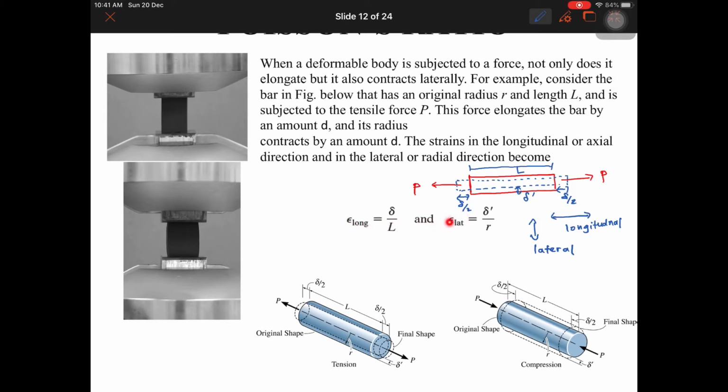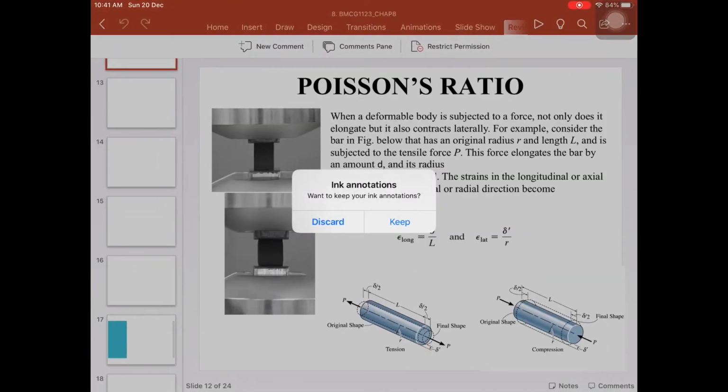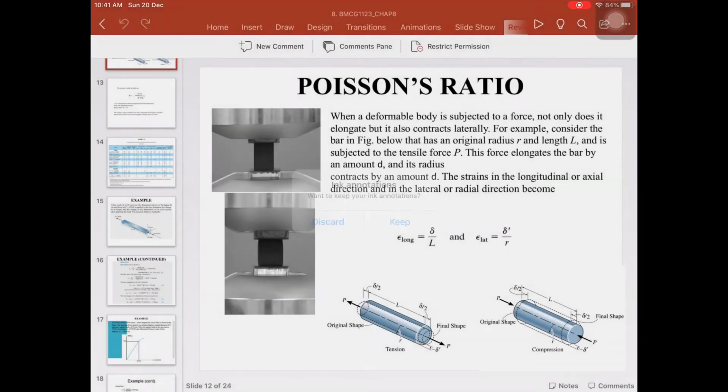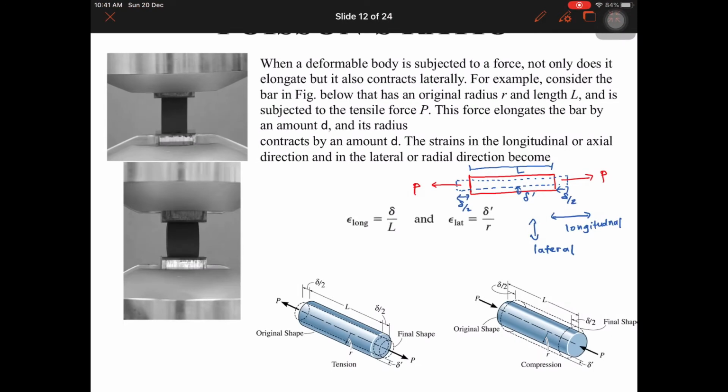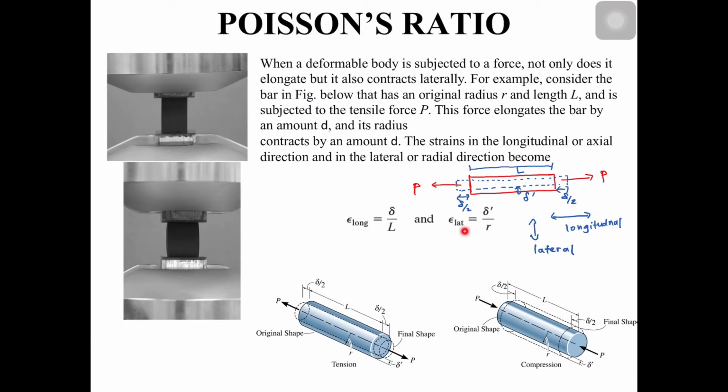And then we have the strain in lateral, which is δ' over r, where r is your original radius.